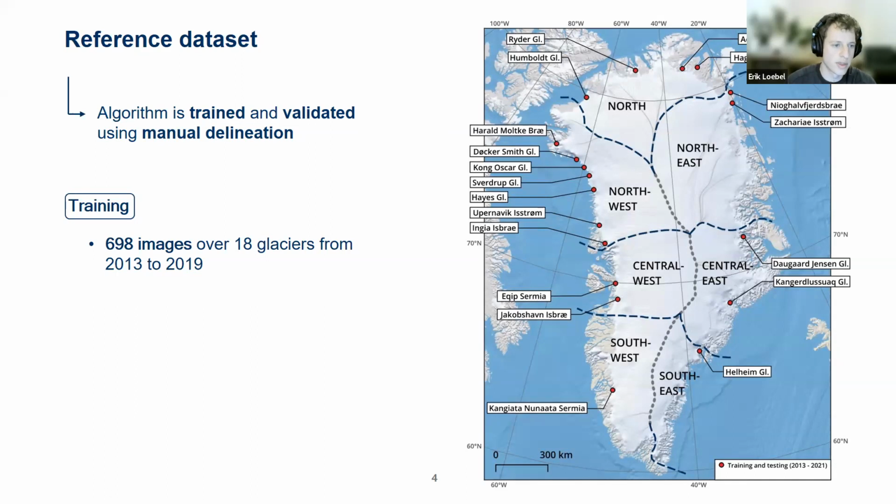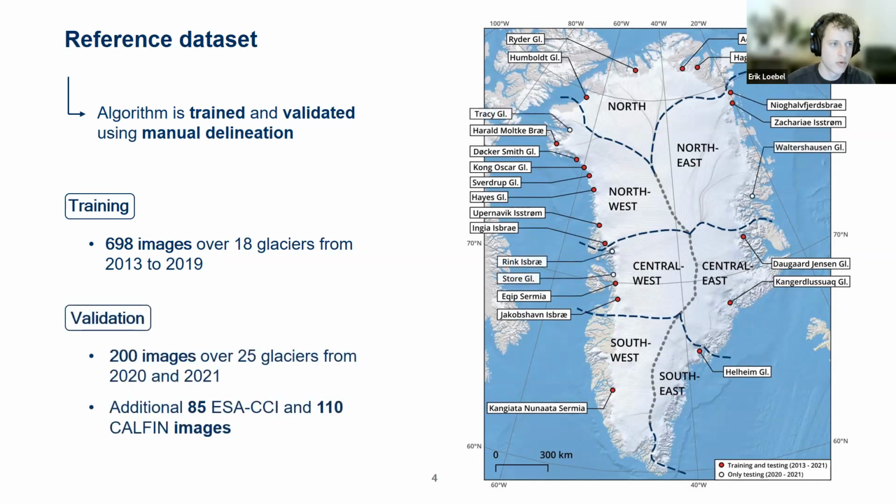And of course, this training data set is highly important because we have to consider a lot of different aspects like cloud cover, different ice and ocean conditions, illumination, because in the end, our final algorithm is only going to be as good as the data we train it with. Furthermore, we need to validate our algorithm. As mentioned, there we use another 200 images on a different time frame.